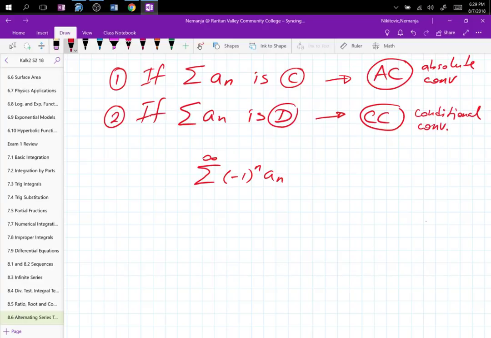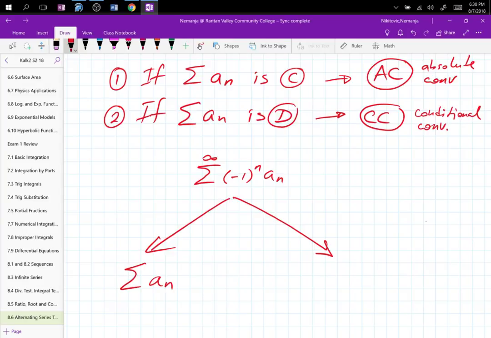Now the first thing that you do is you check the... I'm drawing this bad. I need a bigger arrow. There we go. All right, good. That's better.